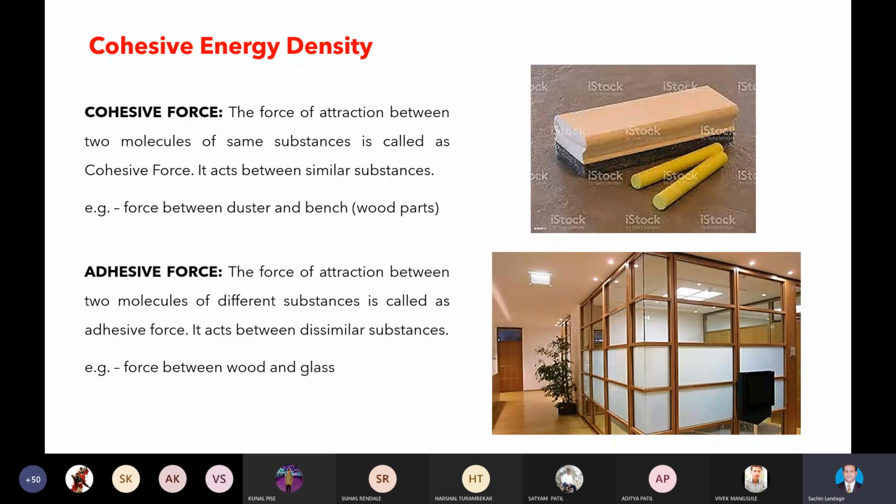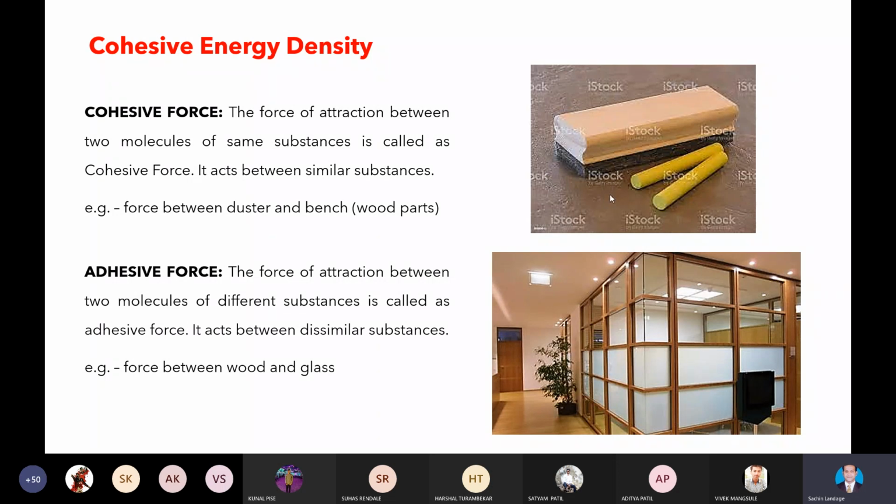Whatever force of attraction there is between the duster and the bench is called cohesive force. It is a force of attraction between two molecules of the same substance, and it acts between similar substances.